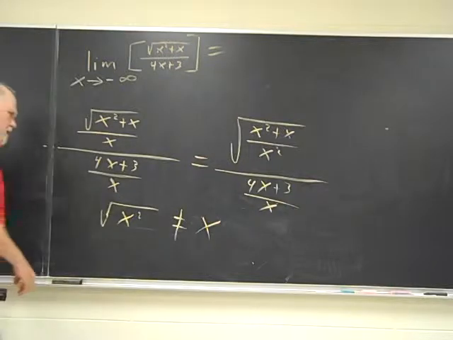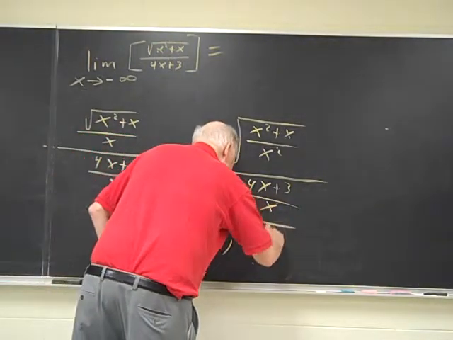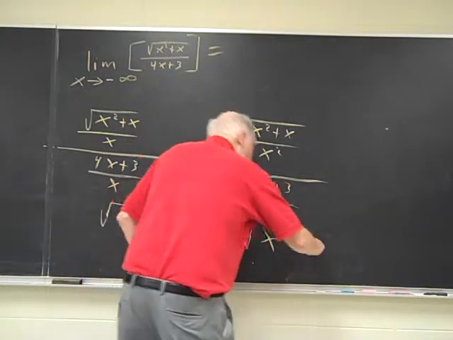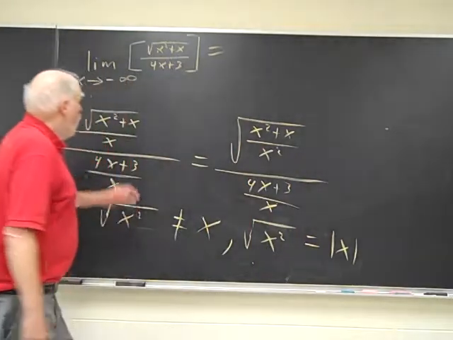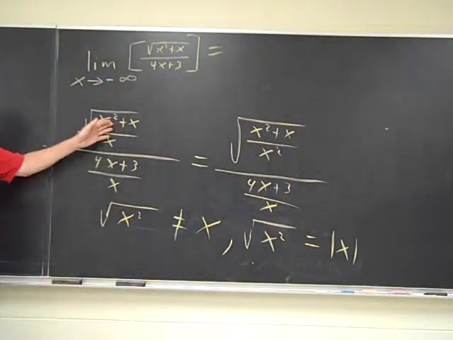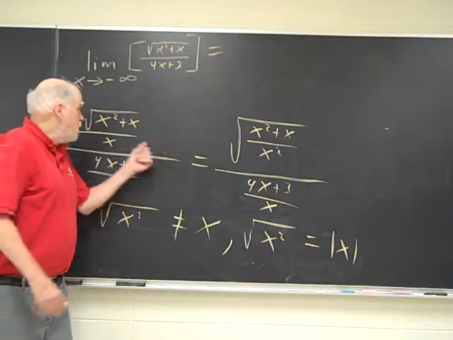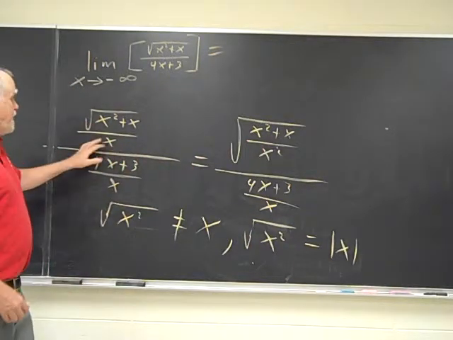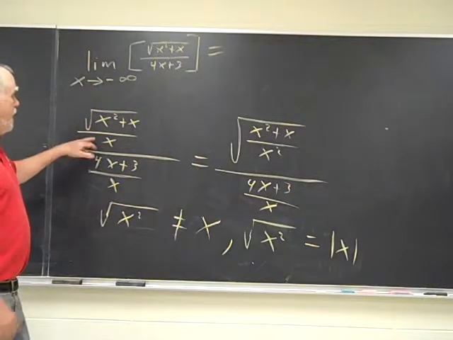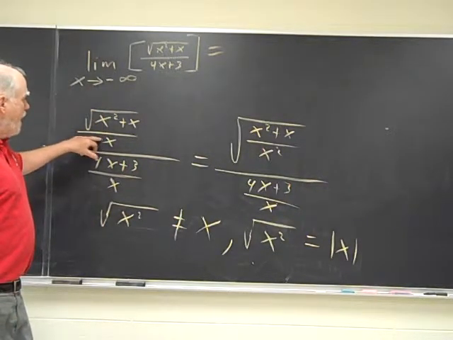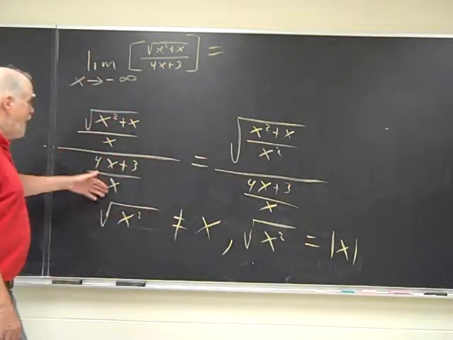It equals the absolute value of x. And we have to divide the top and the bottom by the same expression. We did not, really. This does not really equal this at all. We divided the top by the absolute value of x, really, and the bottom by x.